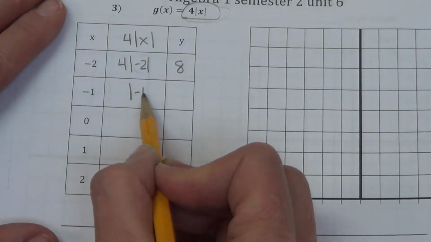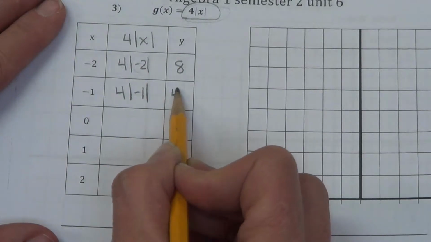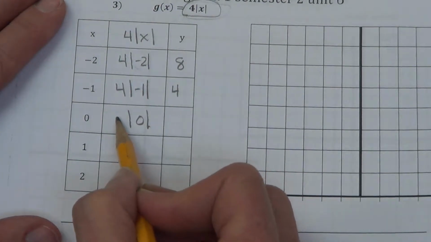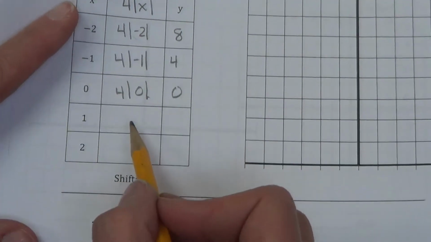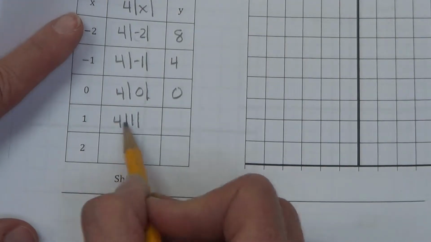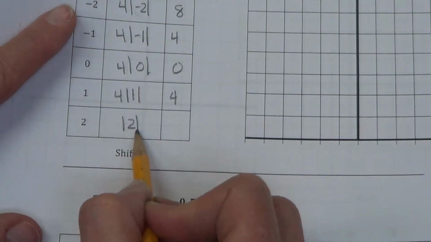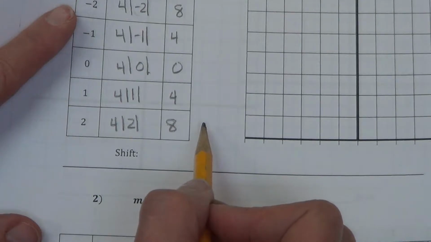Absolute value of negative 1 is 1 times 4 is 4. Absolute value of 0 is 0 times 4 is 0. Absolute value of 1 times 4 is 4. Absolute value of 2 times 4 is 8.